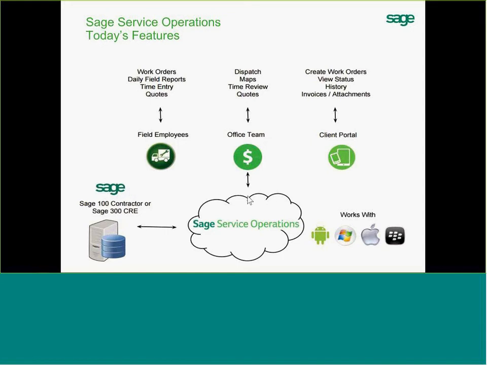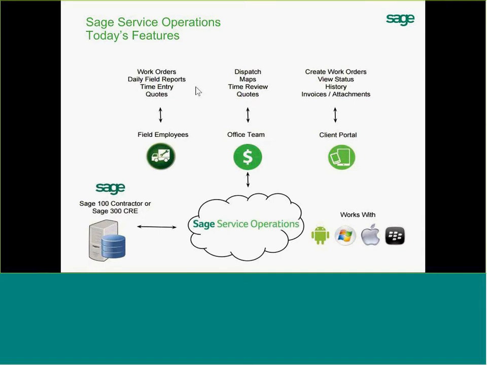So today, really what it does is it extends the functionality of your existing accounting database. It's not actually a separate database. It allows you to share selective information via the internet with, for instance, your field employees. Let's say you had either a technician or a construction crew member in the field. They'll have the ability to look at their smartphone or tablet and see where they need to go today.